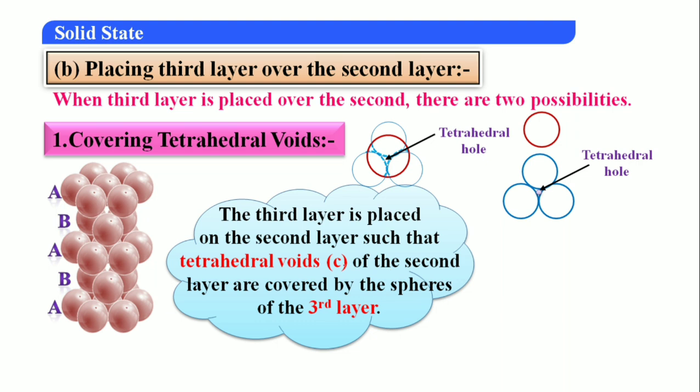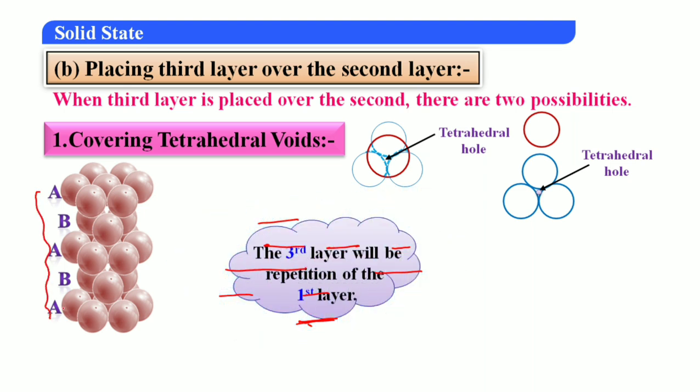See, the third layer is placed on the second layer such that tetrahedral voids of the second layer are covered by the spheres of the third layer, which means it is exactly similar to A, hence it is called an AB type of arrangement. You can see AB type of arrangement.